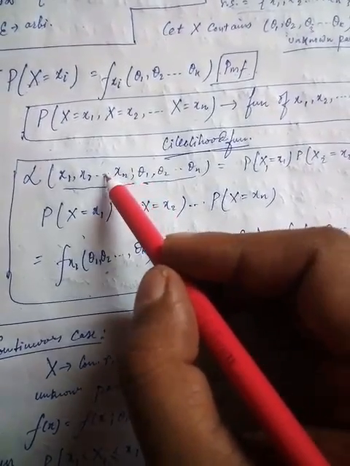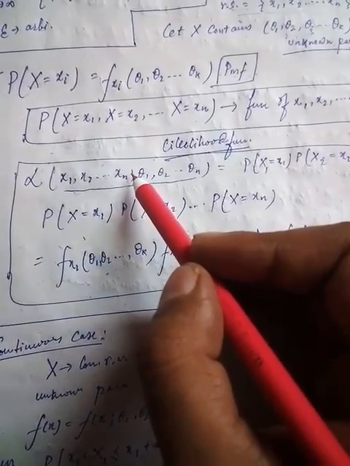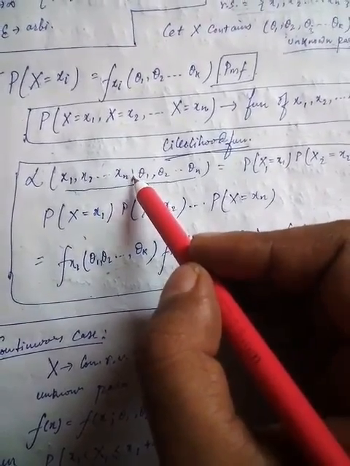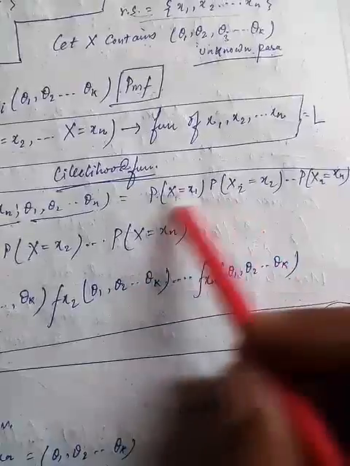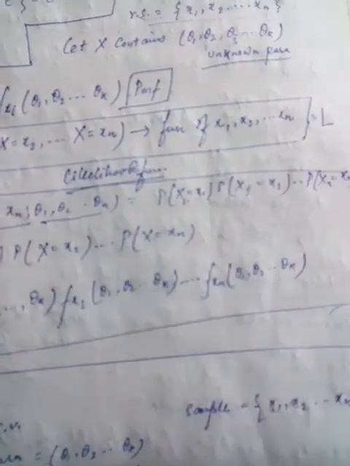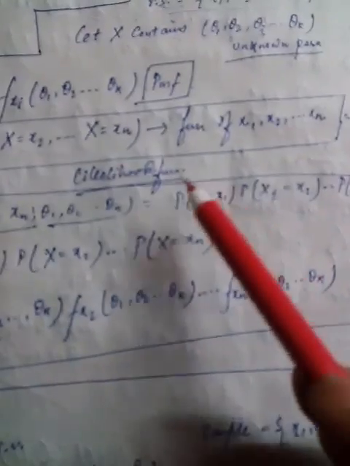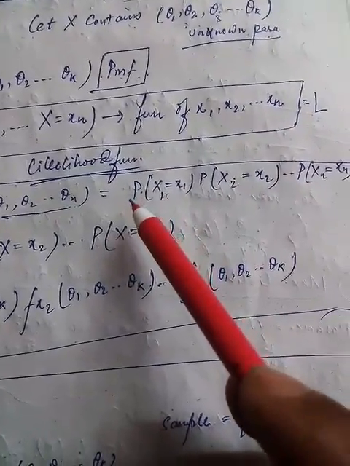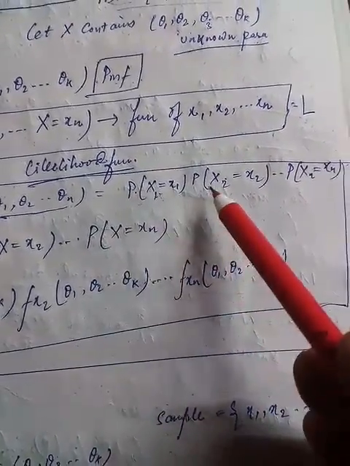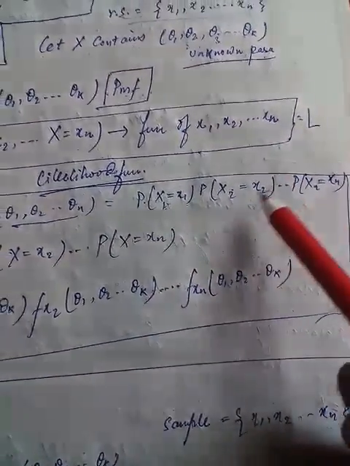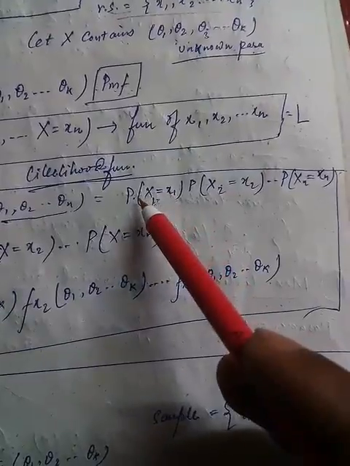They are divided using a semicolon here, and this will be the probability. As the random variables are independent, we take the product of the probabilities: X1 equal to x1, X2 equal to x2, and so on, the product of all these terms.